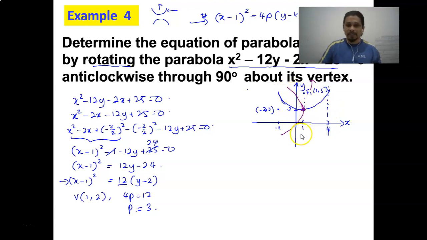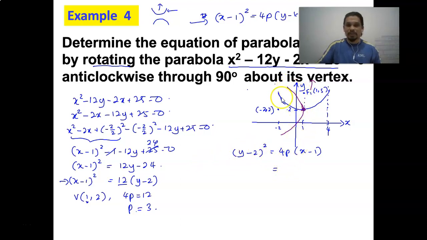Now, facing to the left, (y minus 2) squared equals 4p times (x minus 1), the vertex being still the same. But given that it is now open to the left, this p is negative.